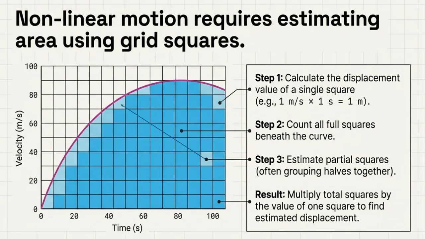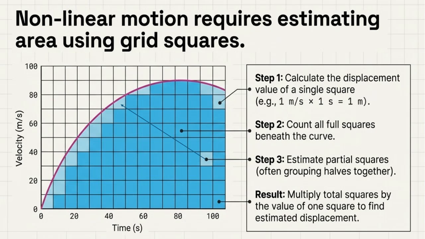To estimate displacement during non-linear motion using a graph, we start by finding the value represented by one square on the grid. In this case, that would be the velocity multiplied by the time represented by that square, giving us the displacement per square. Next, we count all the full squares beneath the curve, since these represent the total displacement over time.